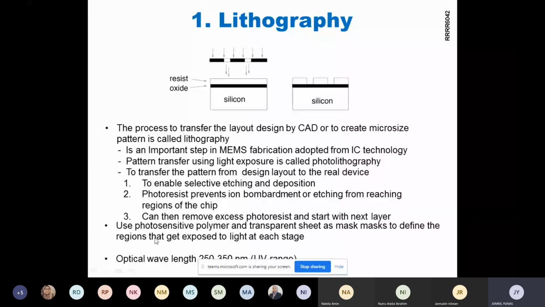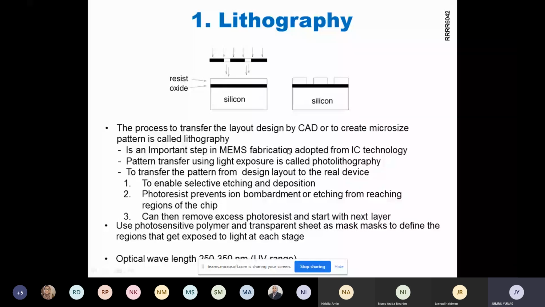The photoresist is made of photosensitive polymer, and a transparent sheet is used as the mask to define the region that gets exposed to light at this stage.